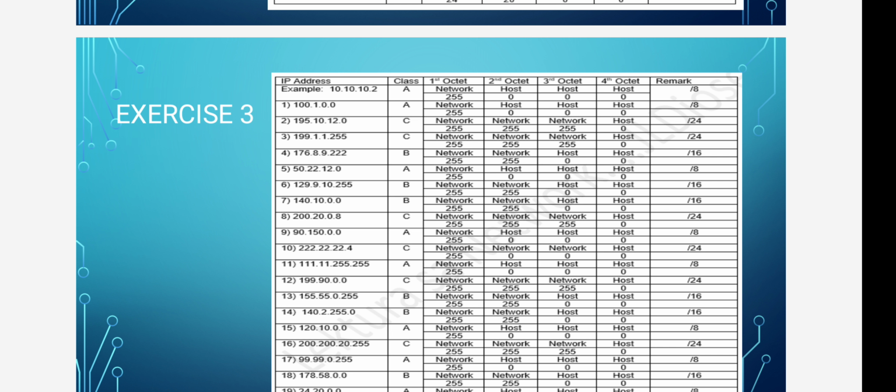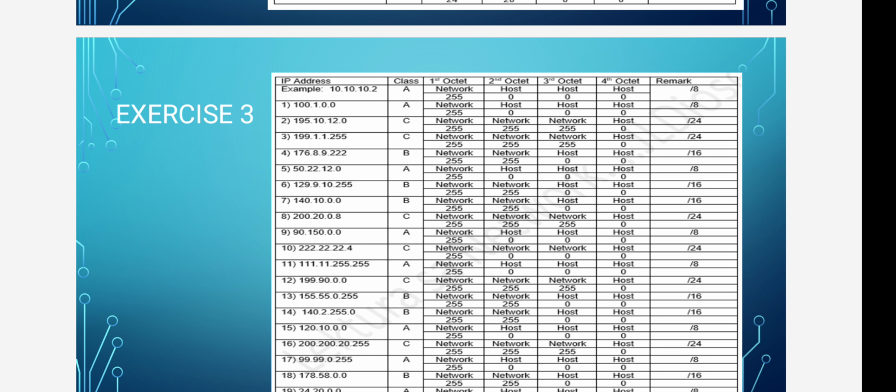Before that, I'm going to explain what the default mask is. Class A has a default bit part of /8. Class B has a default bit part of /16, and class C has a default bit part of /24.